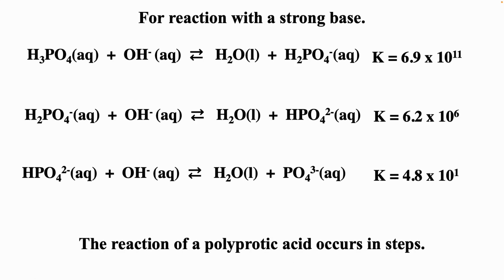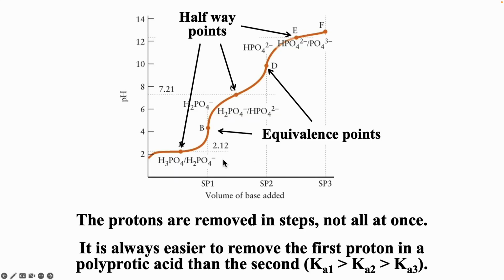And so if we look at the reaction of hydroxide ion against phosphoric acid, dihydrogen phosphate, and hydrogen phosphate, we notice that we start with 6.9 times 10 to the 11th, and so that reaction is going to be far to the products. This one, the equilibrium constant's not as large, and then the third one, it's even smaller. And so what this is showing us is that when the acid is reacting with hydroxide ion, it actually occurs in steps. And so we can actually look at it in terms of titration.